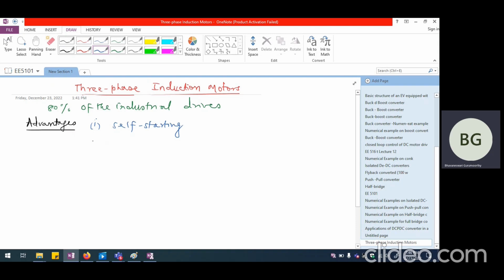That is one thing. Second thing is, if you look at a single-phase induction motor or any other AC motor, if we say this is the voltage that is being applied to the motor, the current will lag behind by a certain angle because it is inductive in nature. So we are going to have the current somewhat like this.